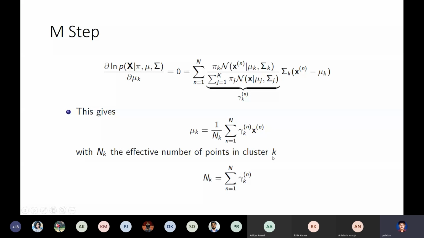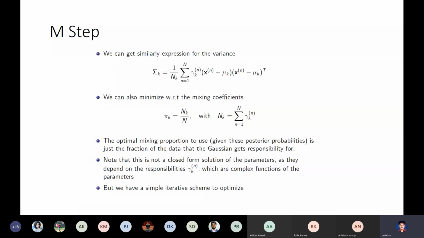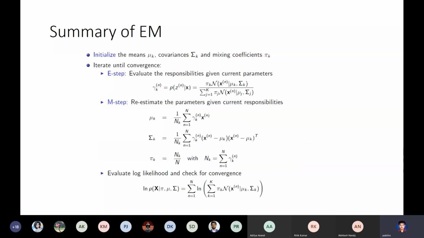All right, so this is the summary. You initialize mean mu k, covariance sigma k, and mixing coefficient pi k. Estimate lambda k, which is the zk vector. This gives zk given x. Lambda 1 is the first component of zi, lambda 2 the second component, and so on.